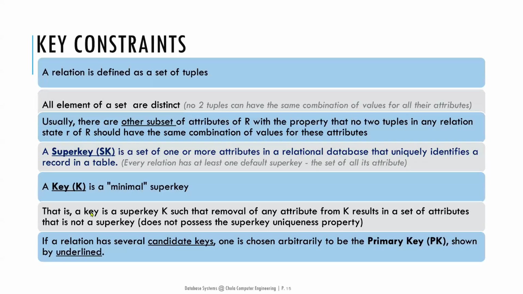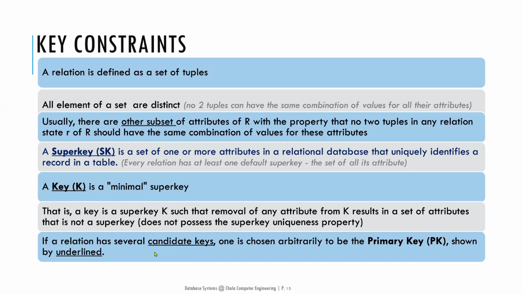But when we talk about a key, it is a subset of the super key, which is the minimal super key. A minimal super key means a super key from which you cannot remove any attribute and still maintain that the tuples will not duplicate. I'll show you the example on the next slide.